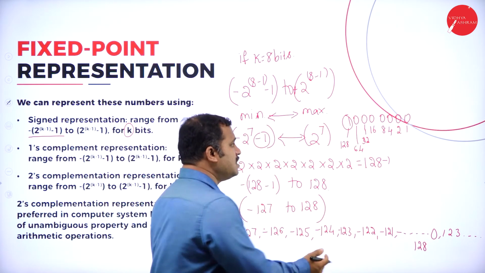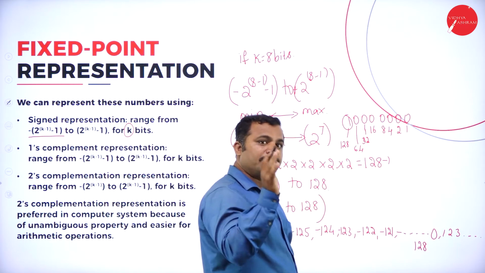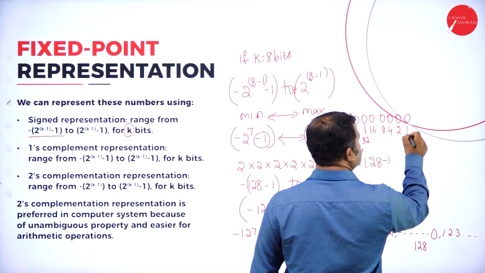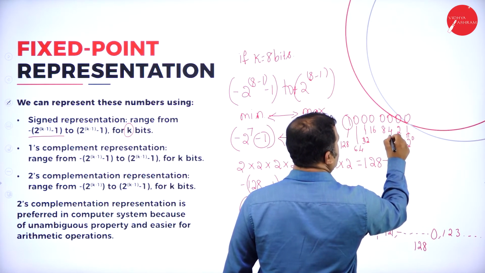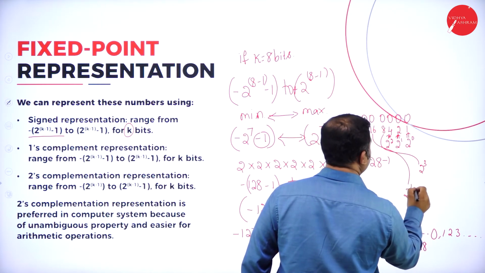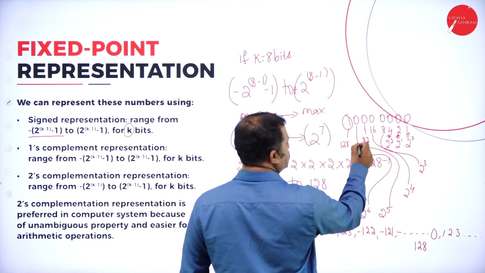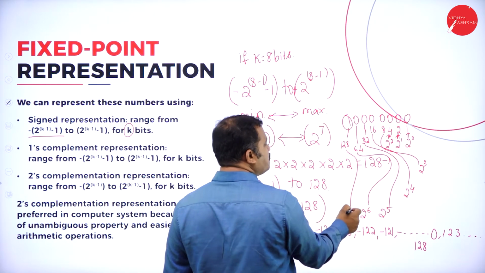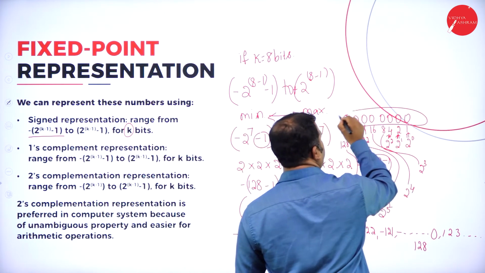How can I say that it is 128, or 64, or 32? Because 2 raised to the power of 0 is 1, 2 raised to the power of 1 is 2, 2 squared is 4, 2 cubed is 8, 2 to the power of 4 is 16, 2 to the power of 5 is 32, 2 to the power of 6 is 64, and 2 to the power of 7 is 128. In that position I have the value 1, so I can represent 128 in this binary format.